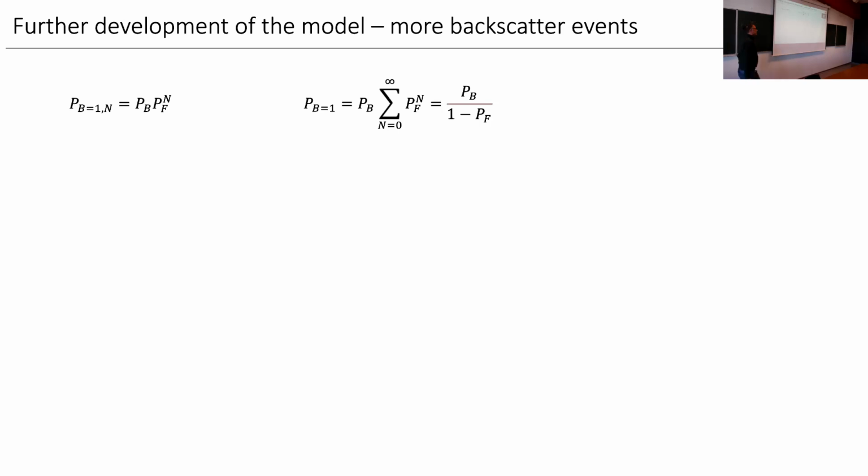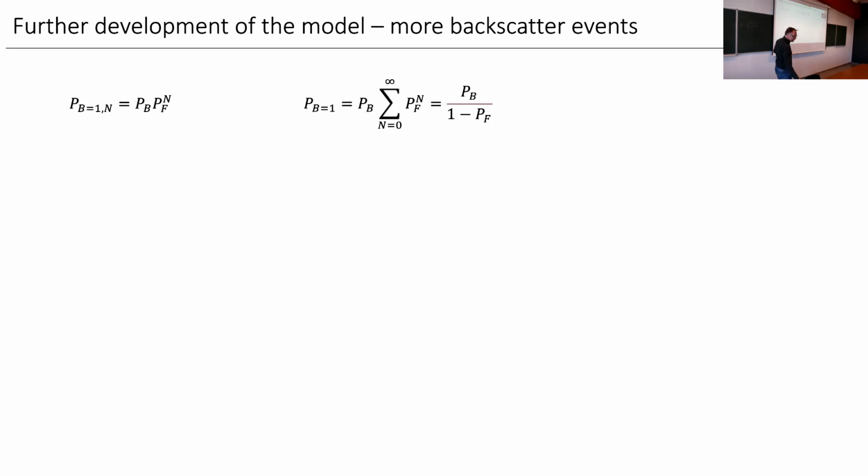Okay, so if you want, you can make it even a little bit more complicated by including more backscatter events. So we started out by saying the probability of having 3 backscatter events is really low, and the probability of having 5 backscatter events is even lower. That is true, but for argument's sake, we can try to calculate what happens. So this is the result that we had for 1 backscatter event.